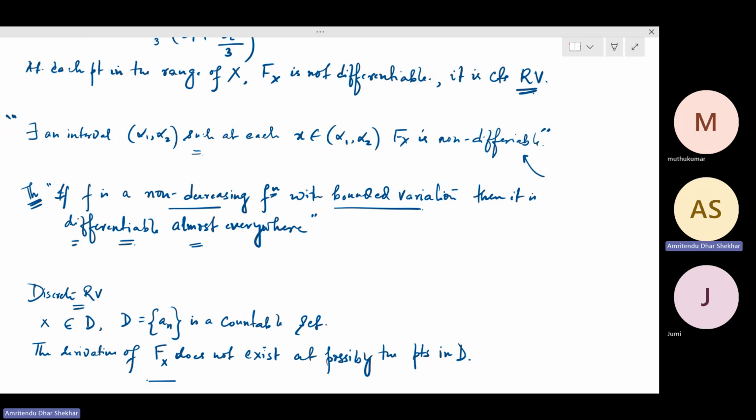So this is a phraseology that occurs ubiquitously in measure theory, where we say that a property holds almost everywhere. If we say that some property P holds almost everywhere, then what this means is that the subset of points where the property P fails to hold is a set of measure zero.